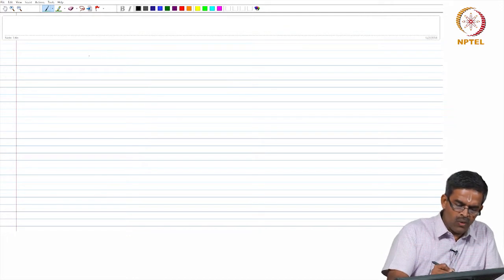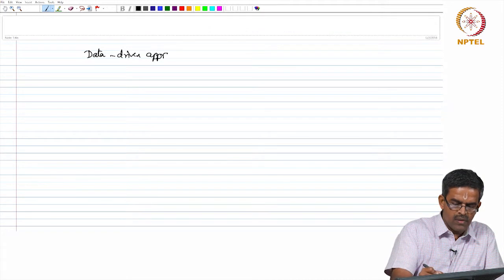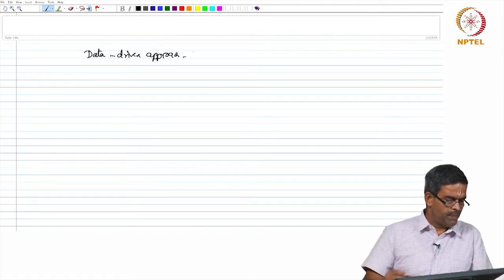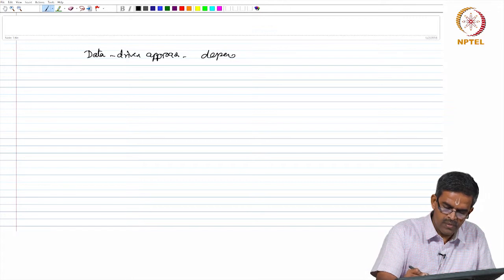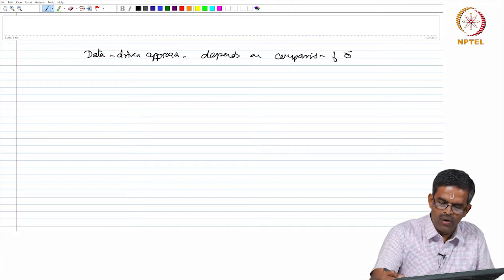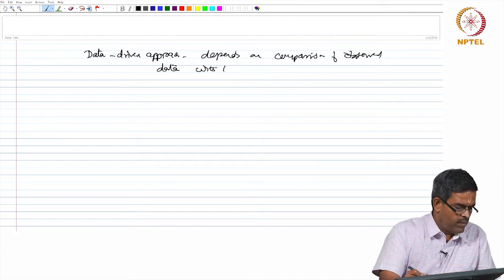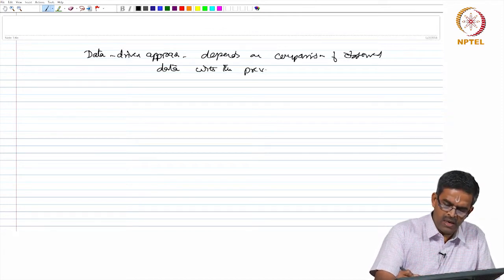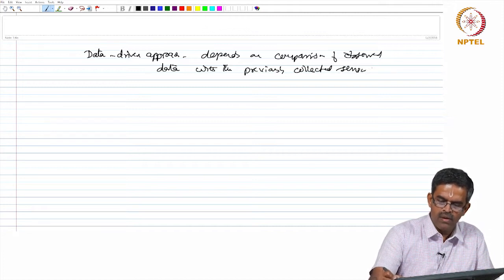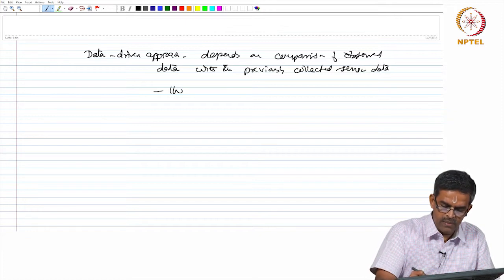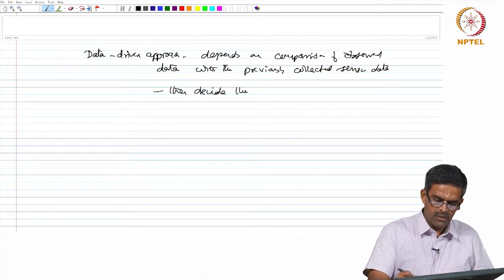So the data driven approach depends on comparison of observed data with the previously collected sensor data and then decides the damage scenario.